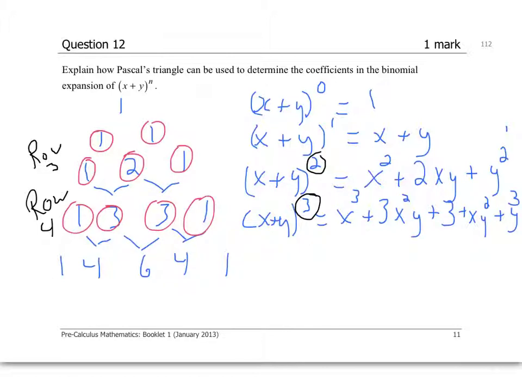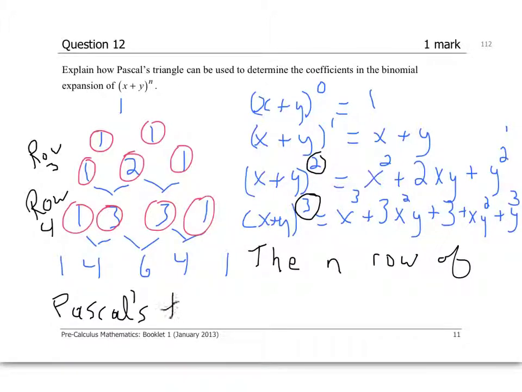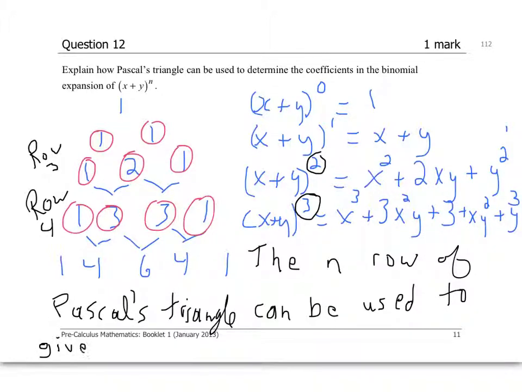The way that I'm going to choose to write it is to say the nth row of Pascal's triangle can be used to give the coefficients of, and we got to make that adjustment.